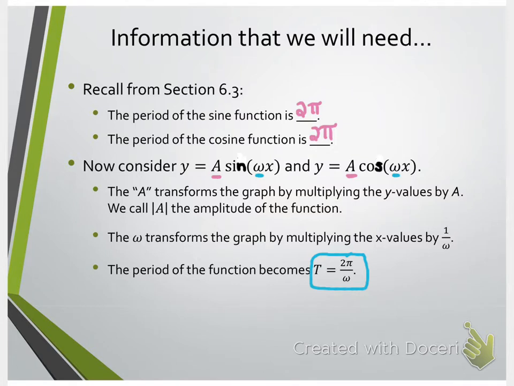Most of the time, the quickest thing for us to get our boundaries to get started is to take the period of the function, so here it's 2 pi for both the sine and the cosine, and divide it by omega. Then that gives us, if we start at 0, the value where we know that the cycle is going to stop, and then we can find the values for what were the quadrantal angles in the middle.